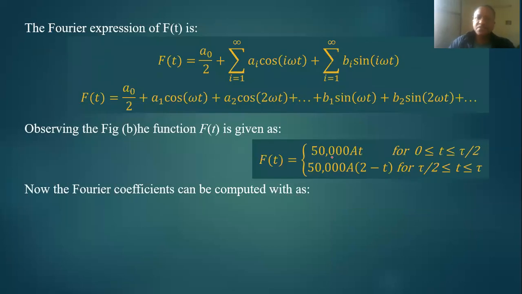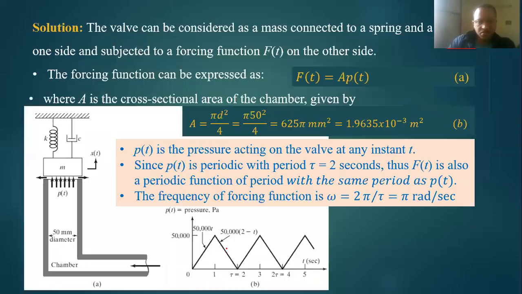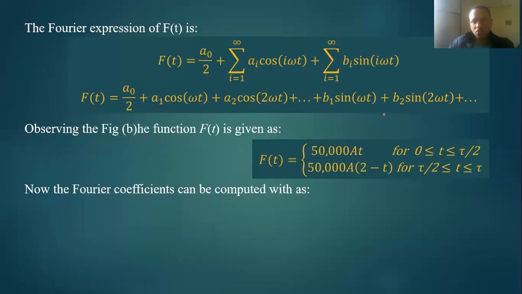So f of t is equal to 50,000 A t, where A is the area, for 0 to half of the time period, and it is 50,000 A times (2 minus t) for t from half of the time period to the full time period. So there are two distinct regions: one for the first half period and one for the second.